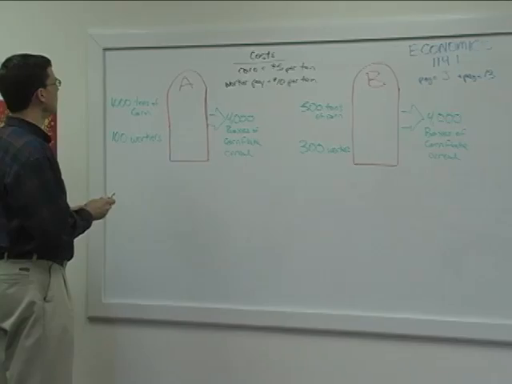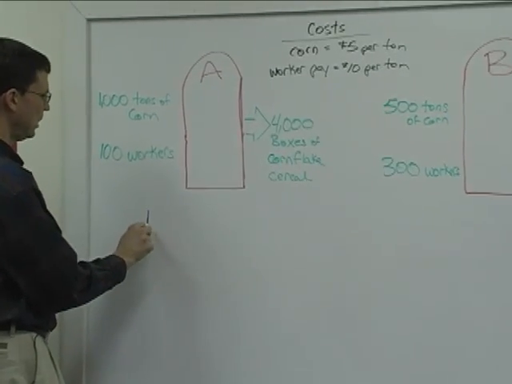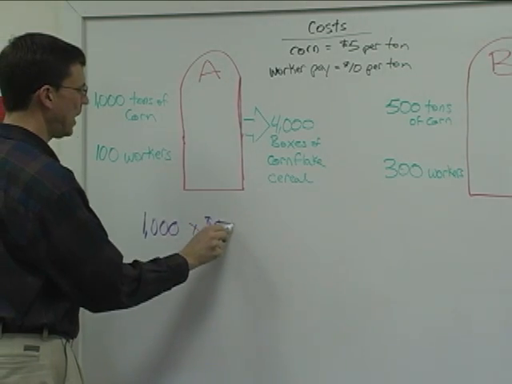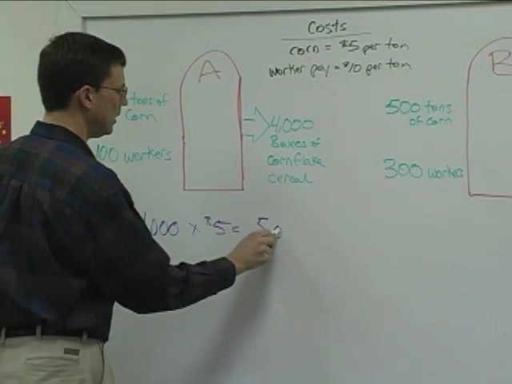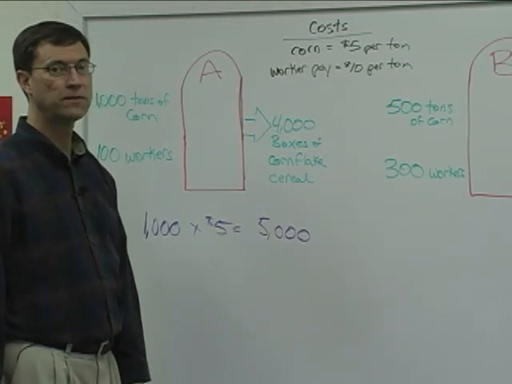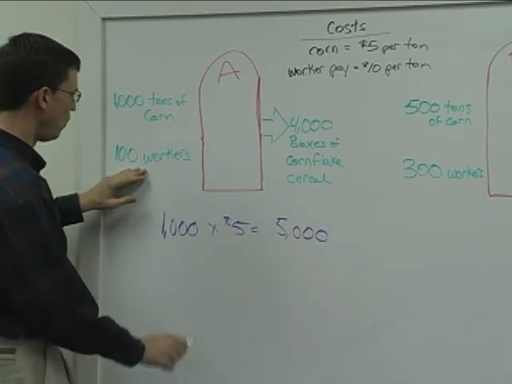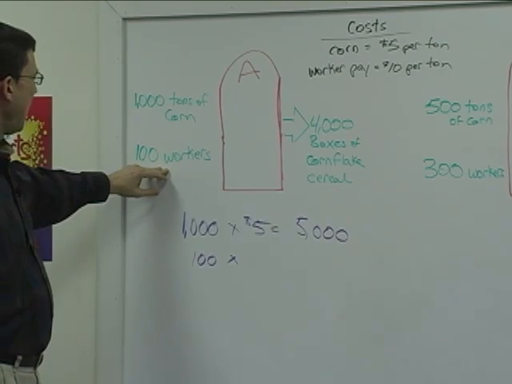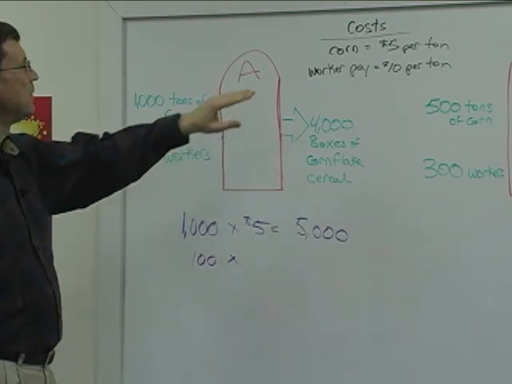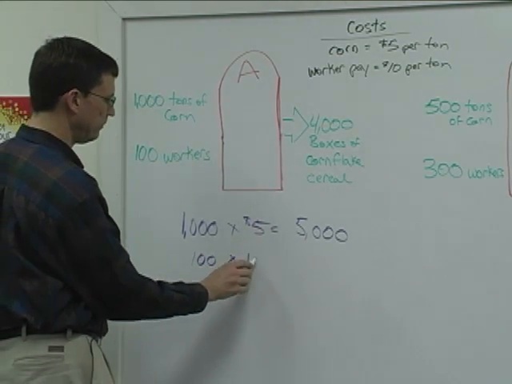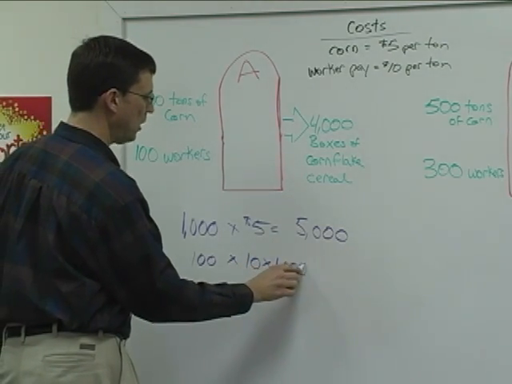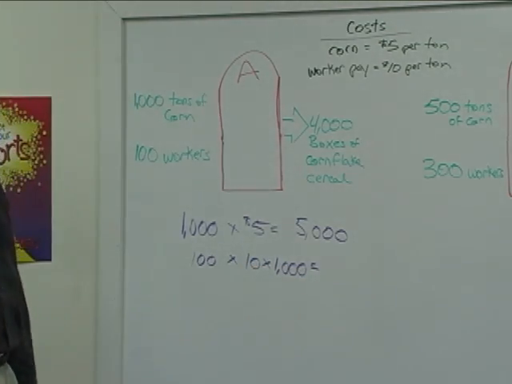This first factory, we're going to take the 1,000 tons of corn times $5 per ton, and so we get a cost of $5,000. We have 100 workers, and we are multiplying that times $10 per ton times the 1,000 tons.